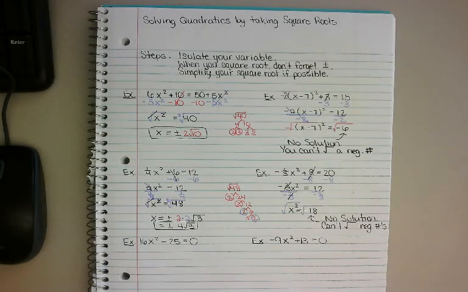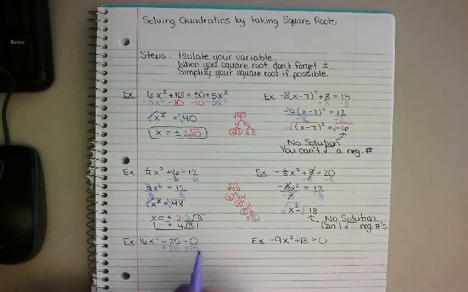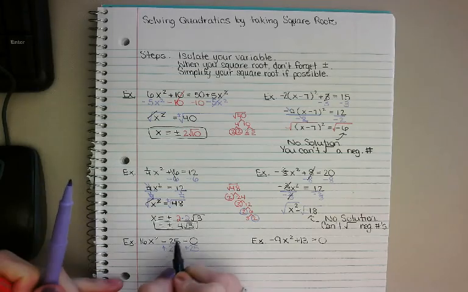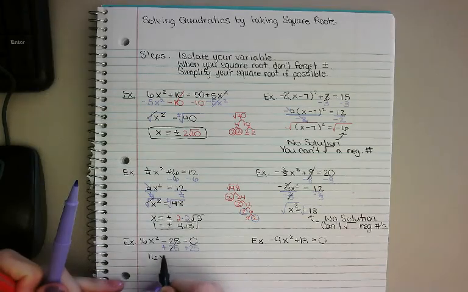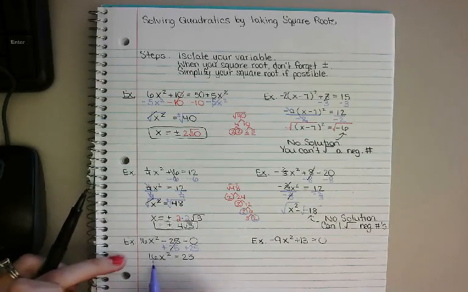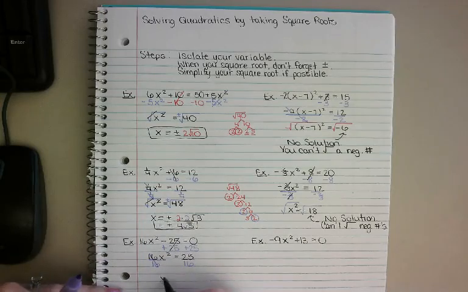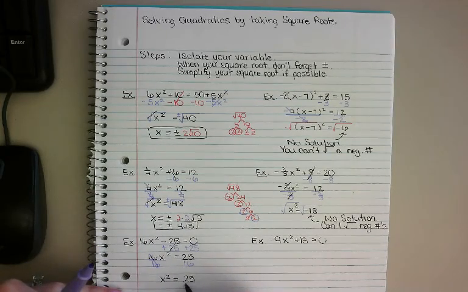All right, let's look at the next one. I'm going to add my 25 over. So that gives me 16x squared equals 25. I'm going to divide both sides by 16. Oh, the 16s are gone, so I have x squared equals 25/16.